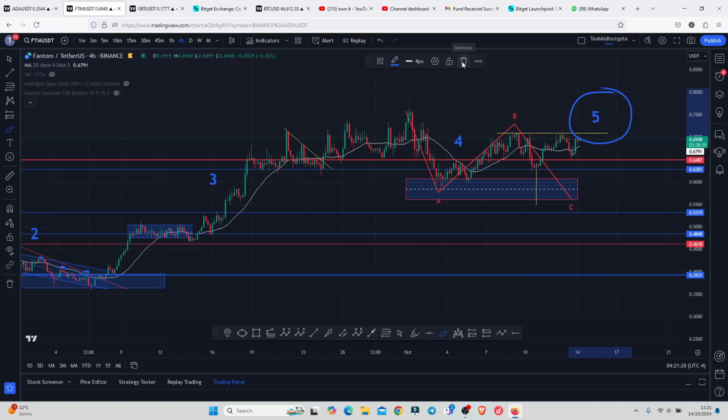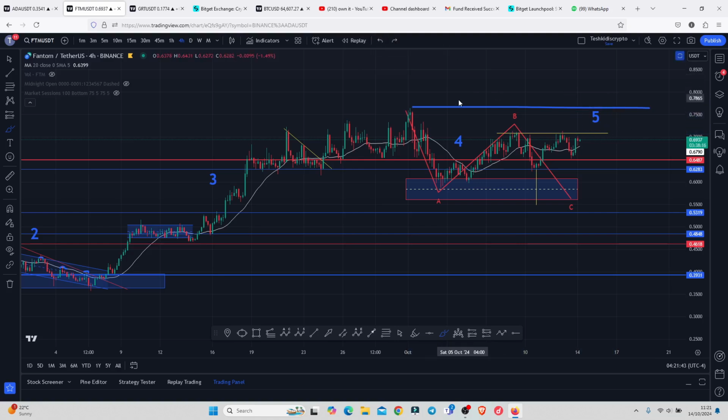And for us to get a confirmation that this Elliott wave count 5 is just getting started, we first need to see a break above the significant high we made above the 0.7658. The moment we manage to break above that high, then that will be enough confirmation that we are now getting impulsive in this Elliott wave count 5.